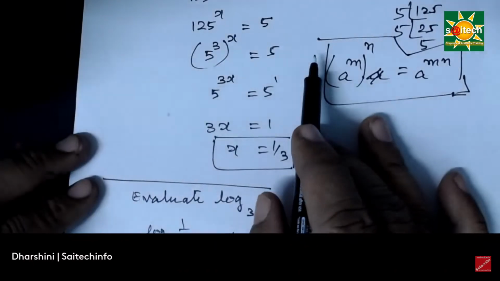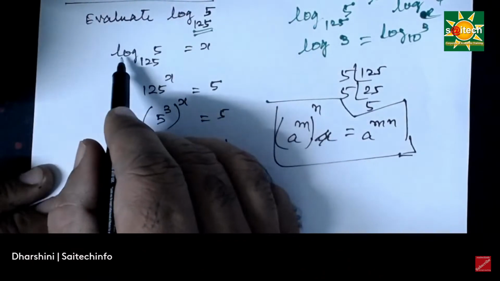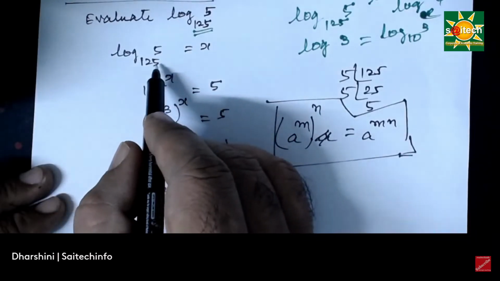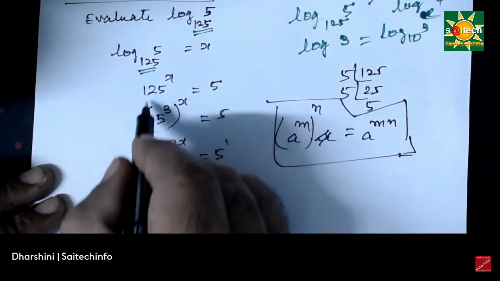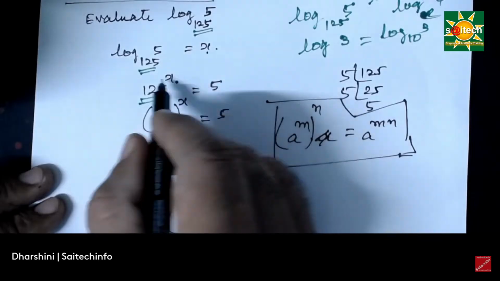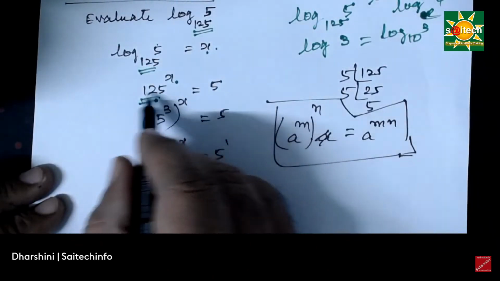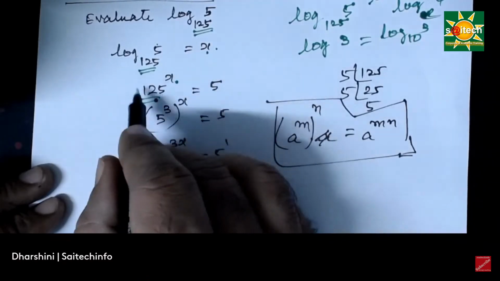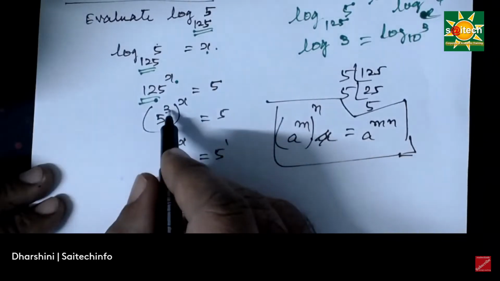Right. Now here evaluate this much, that is log 5 to the base 125. So put it equal to x, and 125 is the base, so you can write 125 power x. Okay, this x can be brought here. Now that is equal to 5, and 125 is the bigger number, so that can be factorized so that you are able to get 5 cube to the power x.